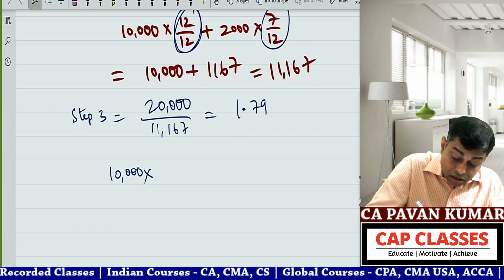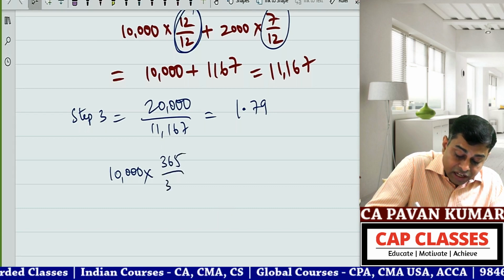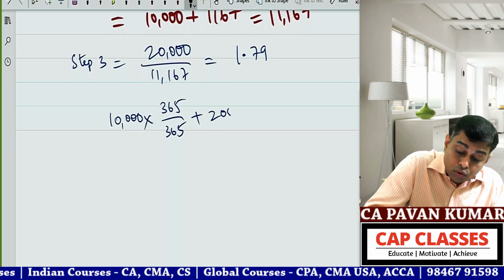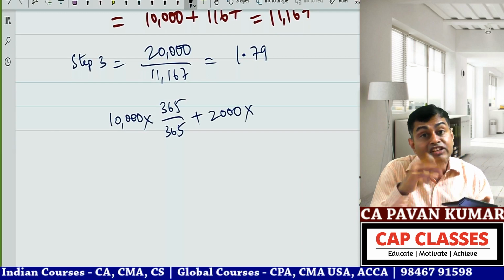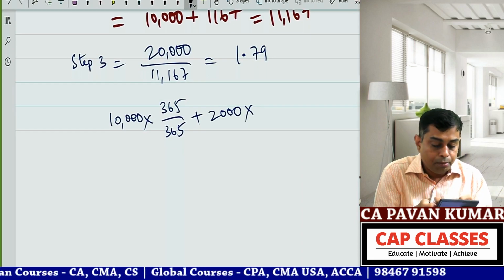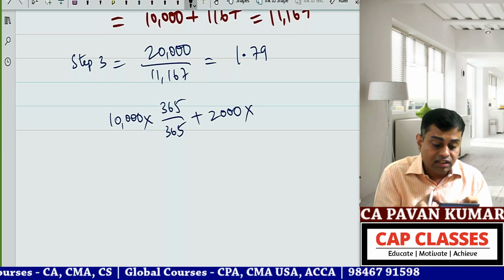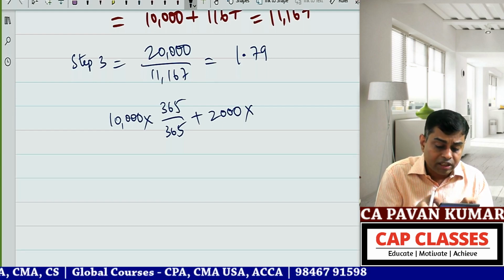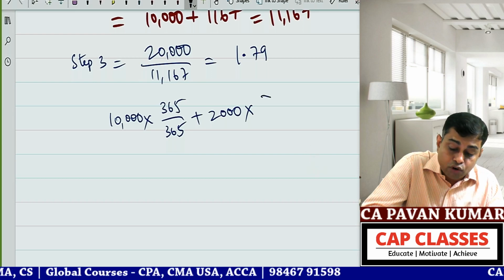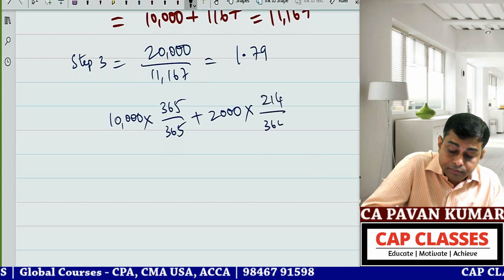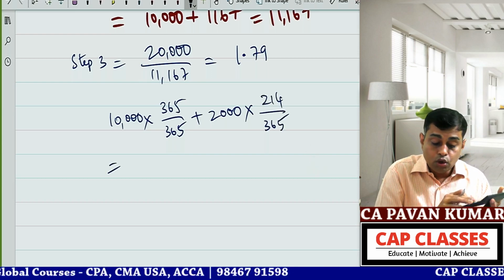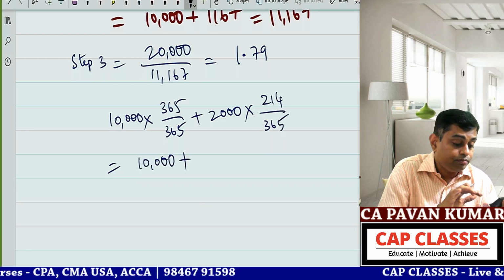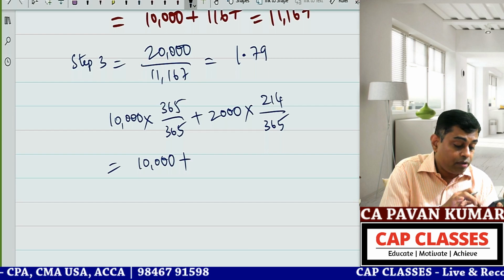Here it is 365 by 365 plus, for the remaining 2,000 shares, you apply from 1st June. June 30 days plus July 31 plus August 31 plus September 30, October 31, November 30, December 31. So 214 days. So we calculate here, it comes to 10,000 plus 2,000 into 214 divided by 365.